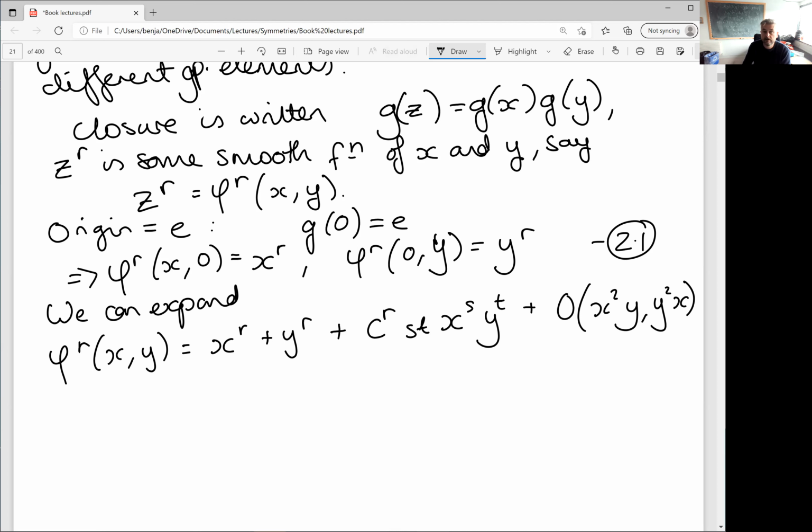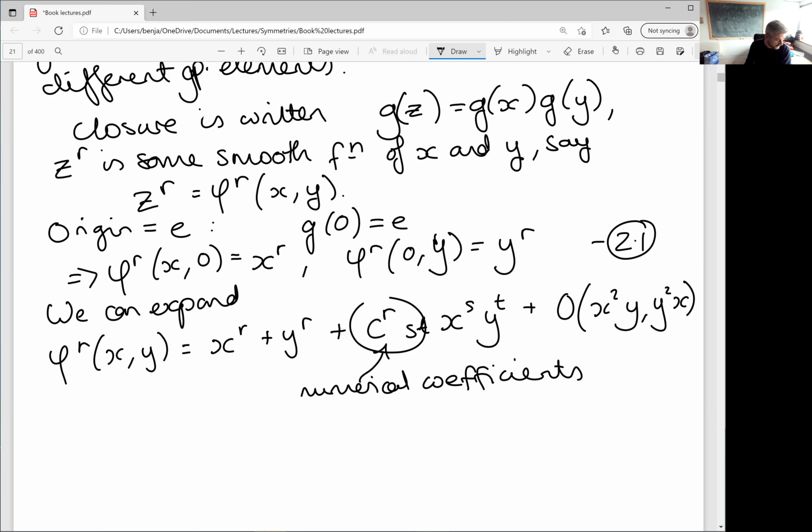For example, I've got no x squared terms and no y squared terms there. The exercise will take you through how to prove that this is the general expansion around small parameters x and y. These C^r_st are just numerical coefficients in the expansion.